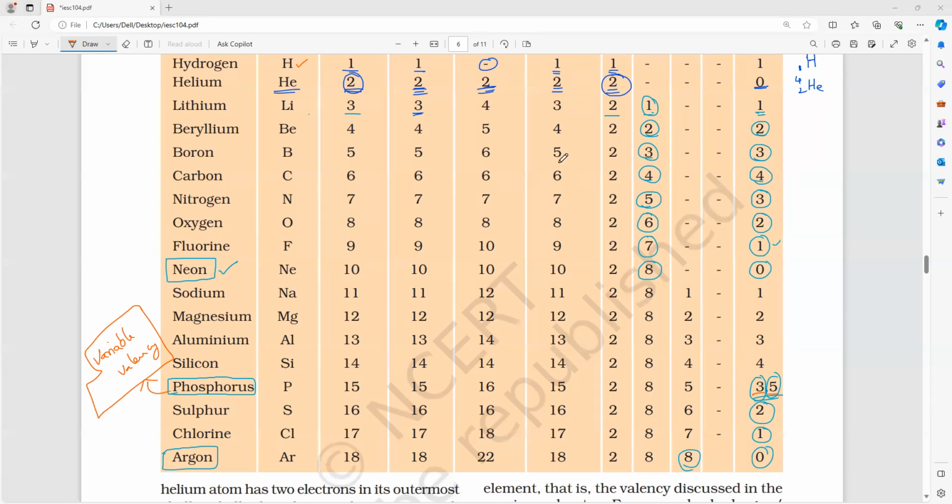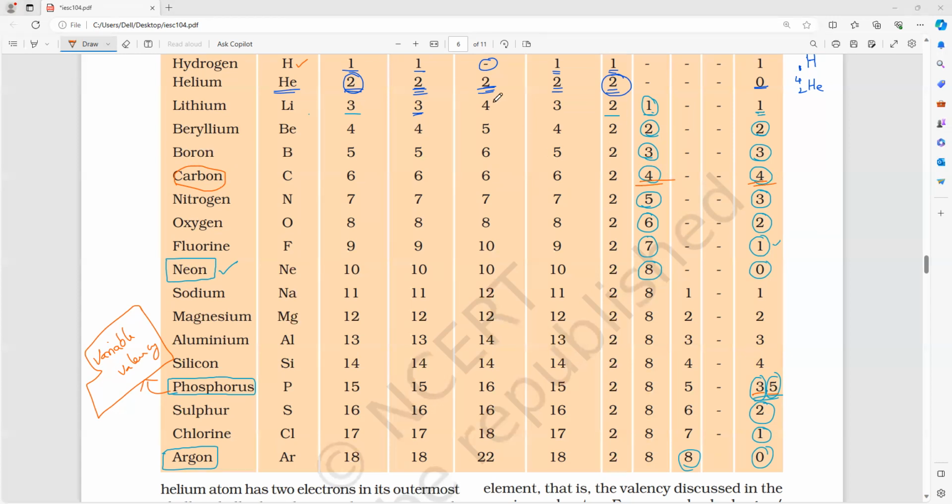Understand? Mari, what is your question? Why are we saying carbon's valency as 2 instead of 4? We are saying 4 only. See, carbon's number of valence electrons is 4, and valency is also 4.